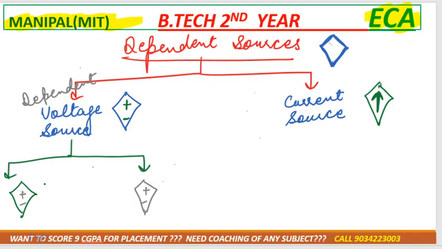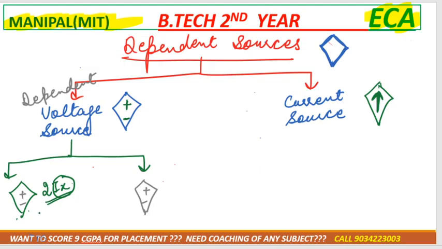So if it is depending on current, suppose its value is depending on current Ix, whatever the value of Ix will be, that will change according to this value, right? If Ix is 2 then this value is 4, if Ix is 3 then this value is 6, correct? So it is depending on the current directly or indirectly.